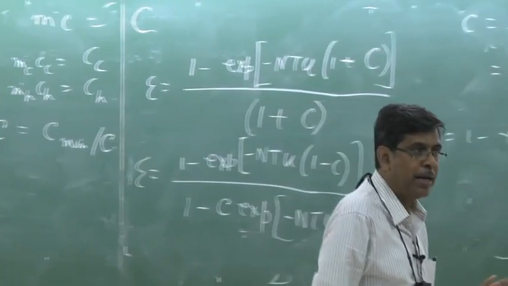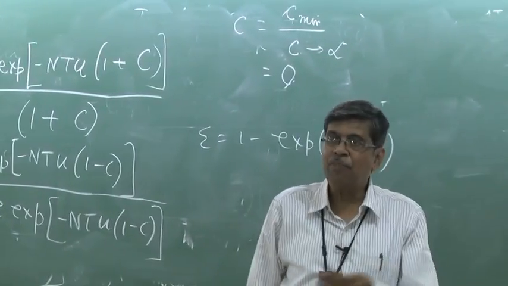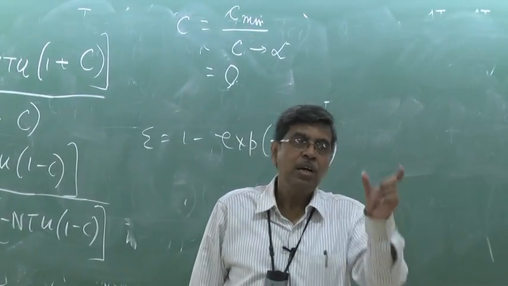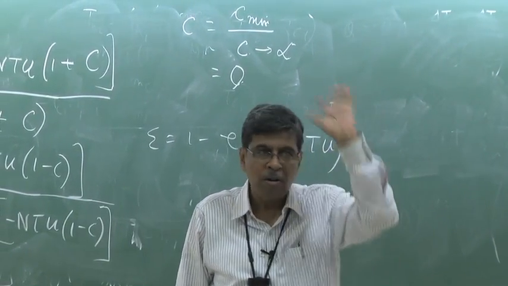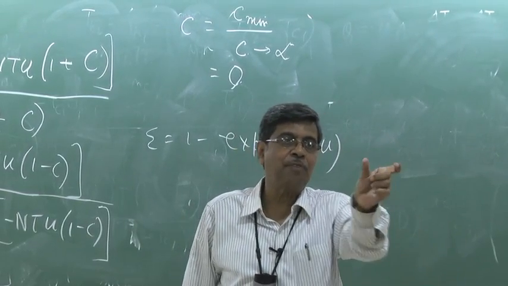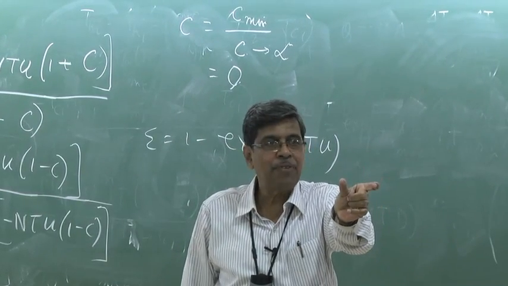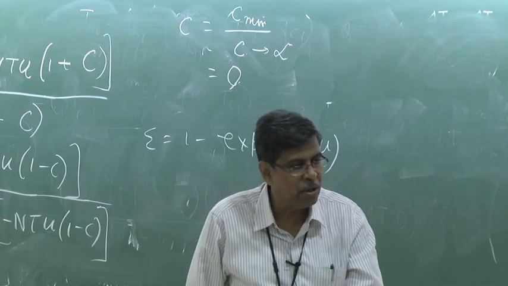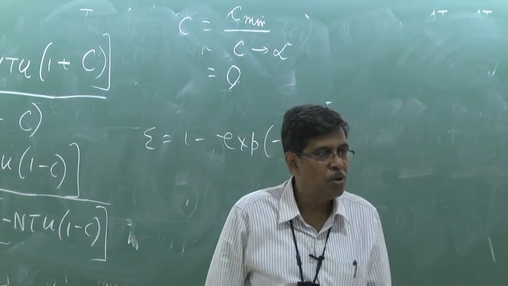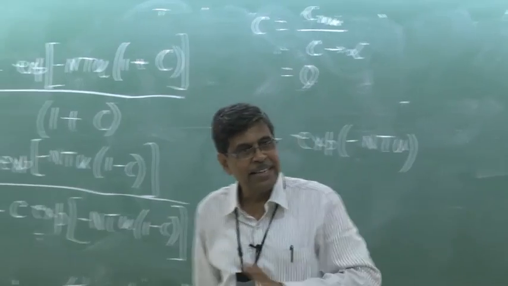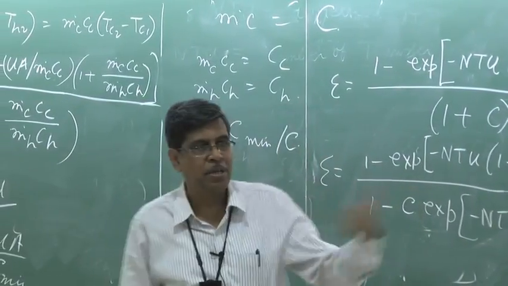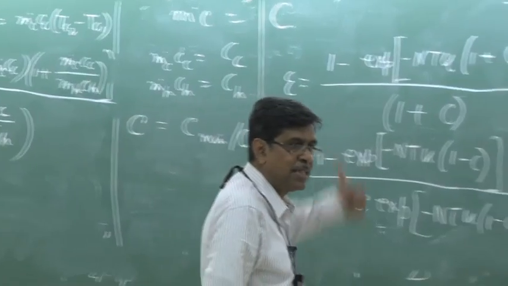Any problem? Okay. So we can find out the epsilon, and whenever we find the epsilon, with Th1 and Tc1 known, it works. Then from the definition of epsilon, I can find out the temperature difference of the minimum fluid. That means the heat load will come. The temperature difference of the other fluid will also come. So where the heating load and cooling load are not given, but the size is given, the NTU epsilon method is an explicit method.